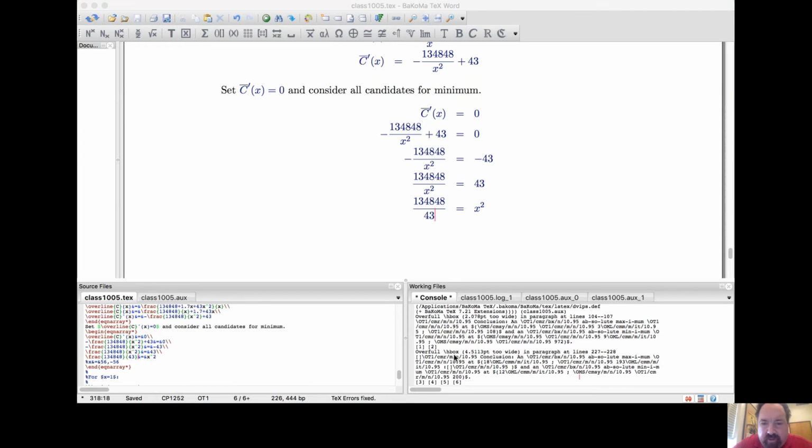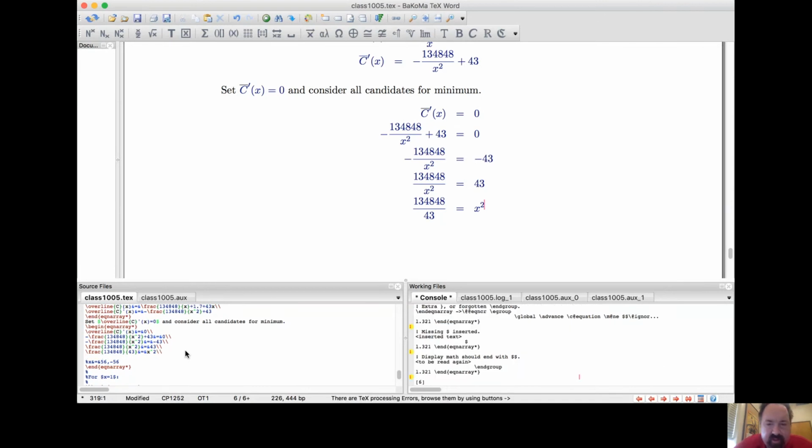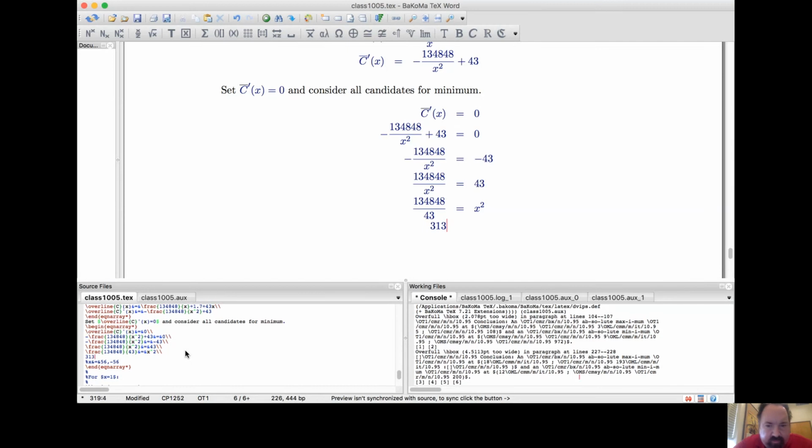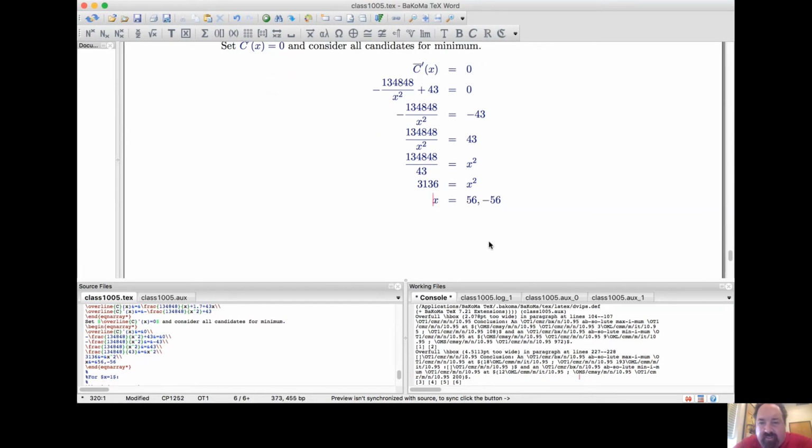Now that's something that you want to work out on your calculator, and what you get is 3,136 equals x squared. And if you take the square root of that, what you get is plus or minus 56.